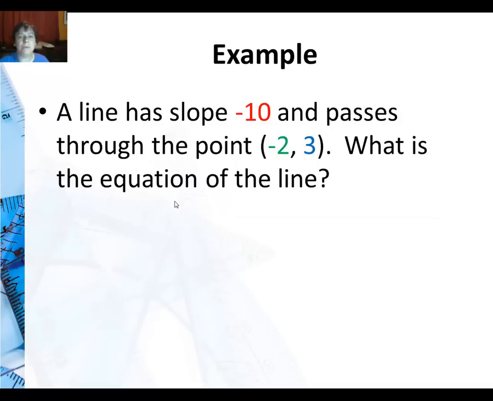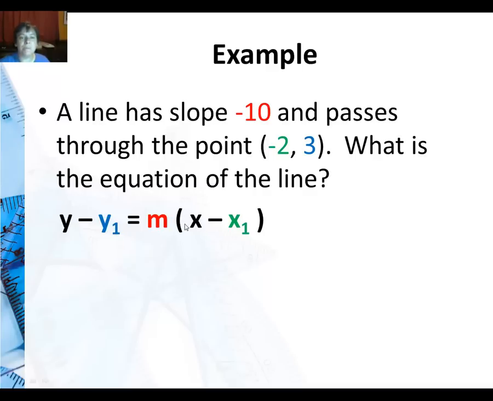So here's an example. A line has slope of -10 and passes through the point (-2, 3). What is the equation of the line? Well, we're going to go ahead and write down the point-slope form. So x1, the point, is -2, y1 is 3, and the slope is -10. It's a very simple substitution. So you're going to leave y here without the subscript, and you're going to leave this x alone.